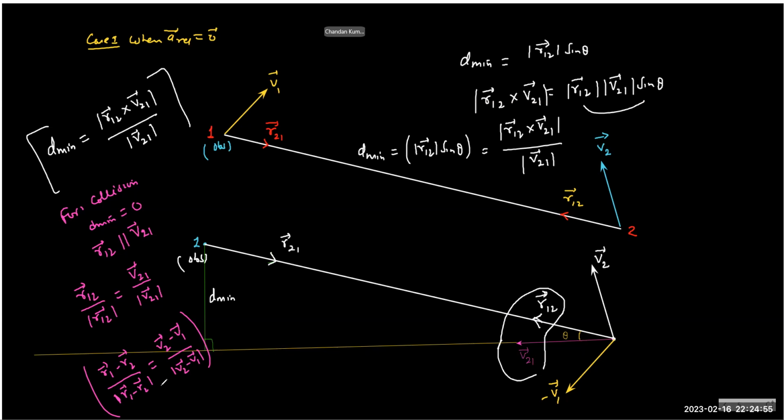So what is the answer? Sir, R12 dot V21 divided by V21 whole square, mod V21 square.